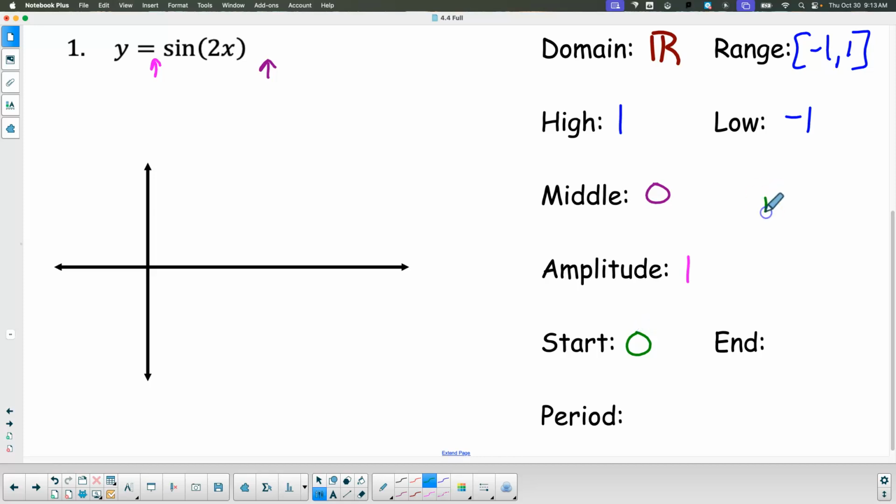Okay? Now, we have to do a little figuring here, Gabs. Okay? So my period we just learned was equal to 2 pi divided by b, right? And what is my b value? 2. So 2 pi divided by 2 is pi. So my period is actually pi.